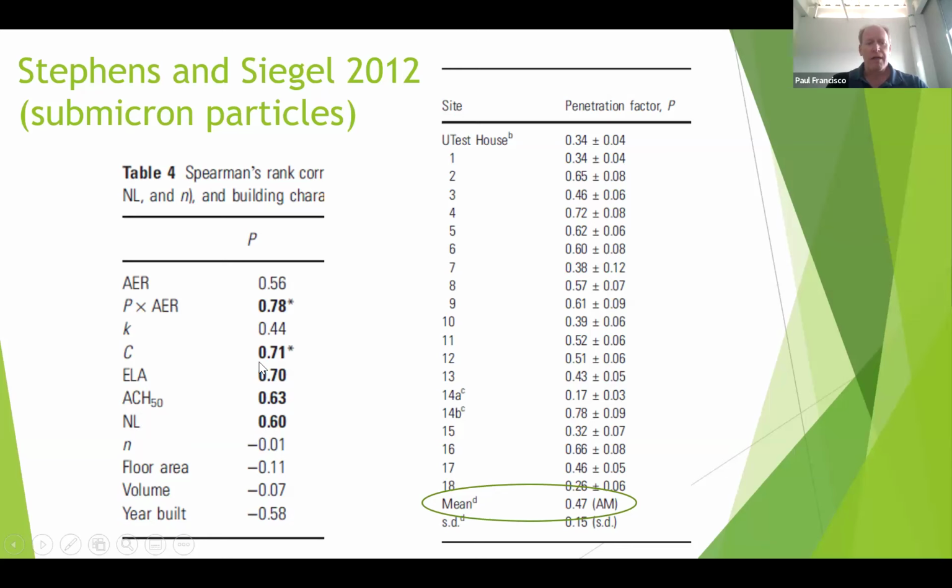So the things that really connect to penetration factor is how leaky the homes are. I'm not going to get into what each of these is, but there's just not as much of a connection to floor area, volume, year built. It looks a little bit like year built, but year built is also pretty highly correlated with air leakage. So it really is the air leakage of the home that tends to be driving these things.